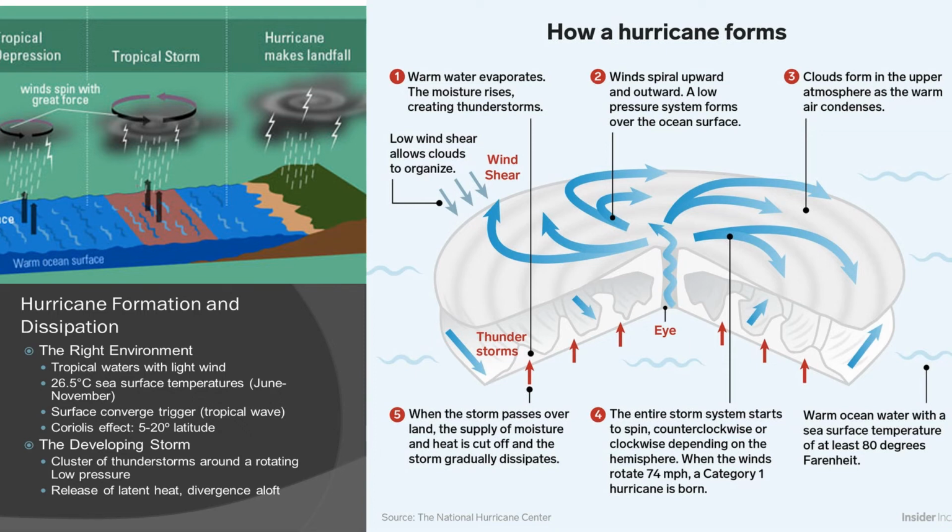Another unfavorable factor for hurricane formation is the Saharan Air Layer, we call it SAL, a mass of dry air and blowing dust about 1.5 to 6 km above ground level that can cover an area as large as the contiguous United States.